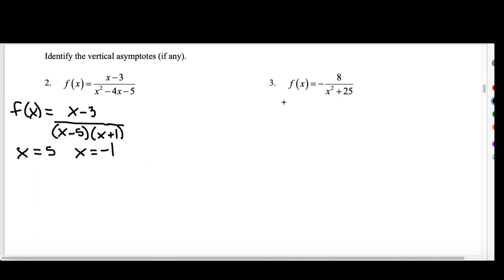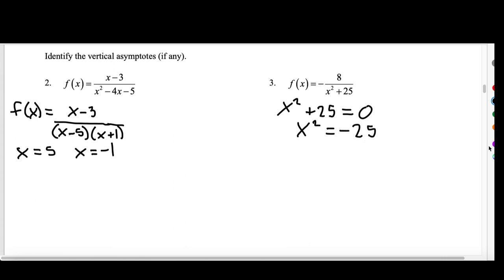With this one, the denominator is x squared plus 25. Any potential vertical asymptotes would correspond to where the denominator is 0. So if I set it equal to 0, can I solve? Well, I would get x squared equals negative 25.